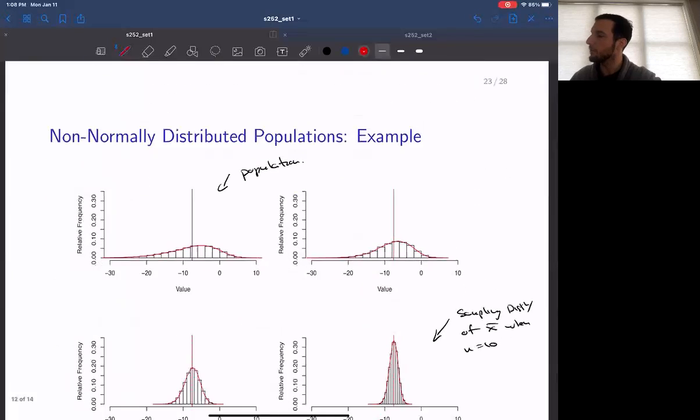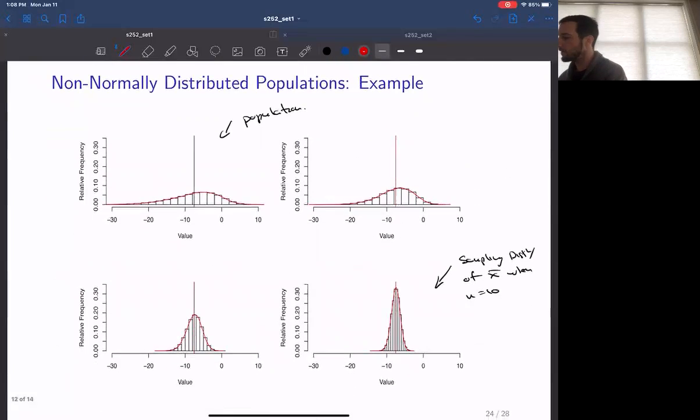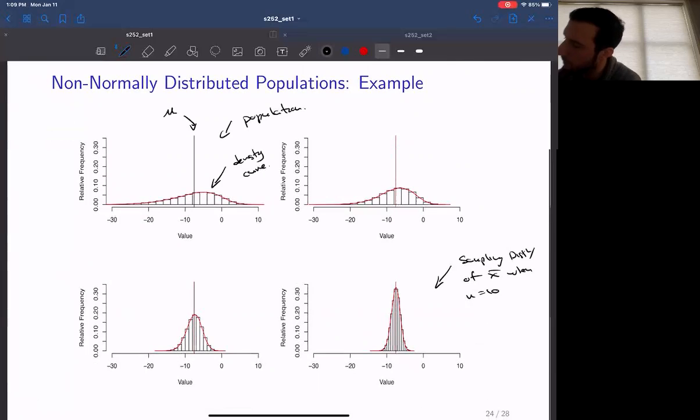So for example, on slide 24, we start off with the distribution for the population. Okay, so this is the density curve for the population. And then this part here is mu.